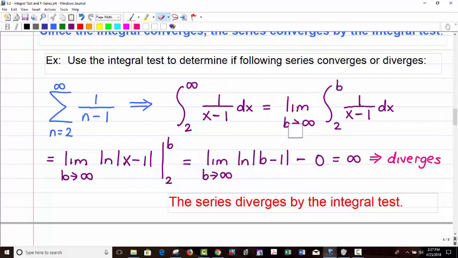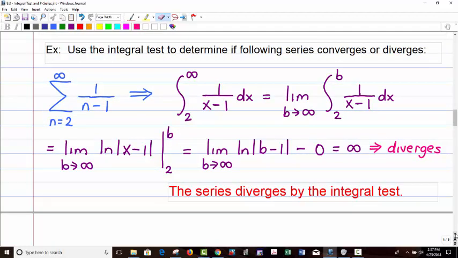So you replace the infinity with b, and limit as b goes to infinity. So you have that the antiderivative is going to be natural log, and as soon as you put the b in right here, limit as b goes to infinity of natural log of b minus 1. That's going to go to infinity. That blows up. So once that term blows up, you have a diverging improper integral, which then also means you can say the series diverges by the integral test. So in other words, we use that integral to prove that the series diverged.